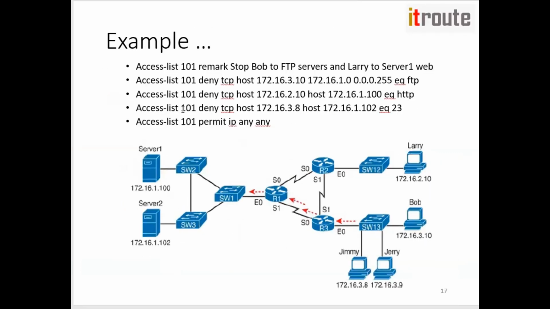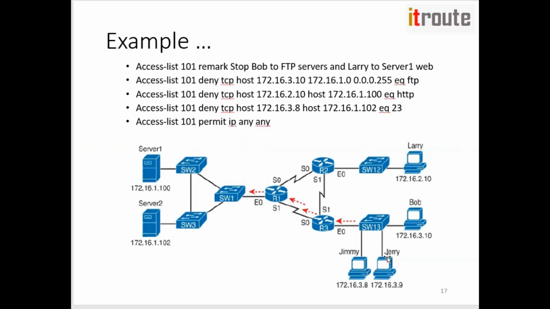So now access list 101, deny TCP host. This is also talking about a single source and single destination, equal to 23. So access list 101, permit IP any. After this line, what will happen with Jerry? Because you didn't mention anything about Jerry. You talked about Larry, Bob, and Jimmy.